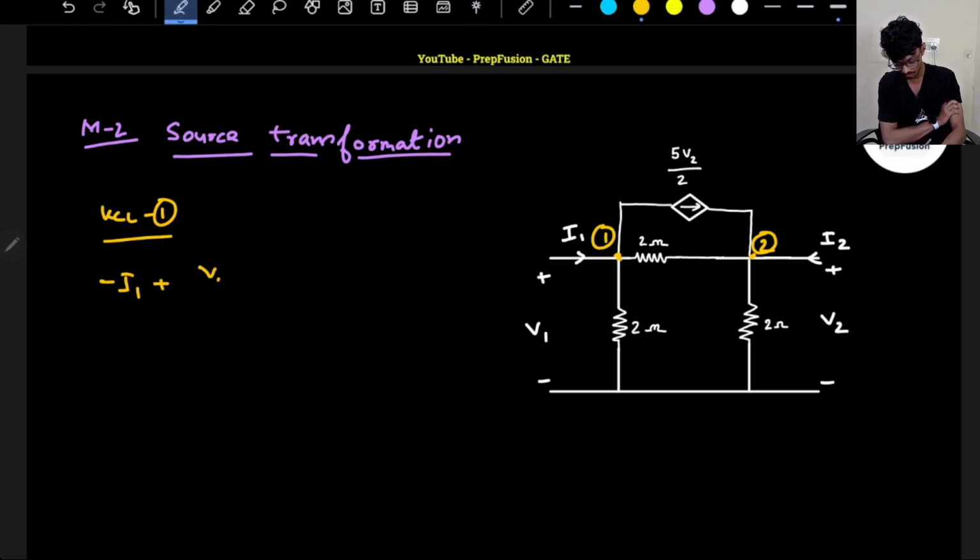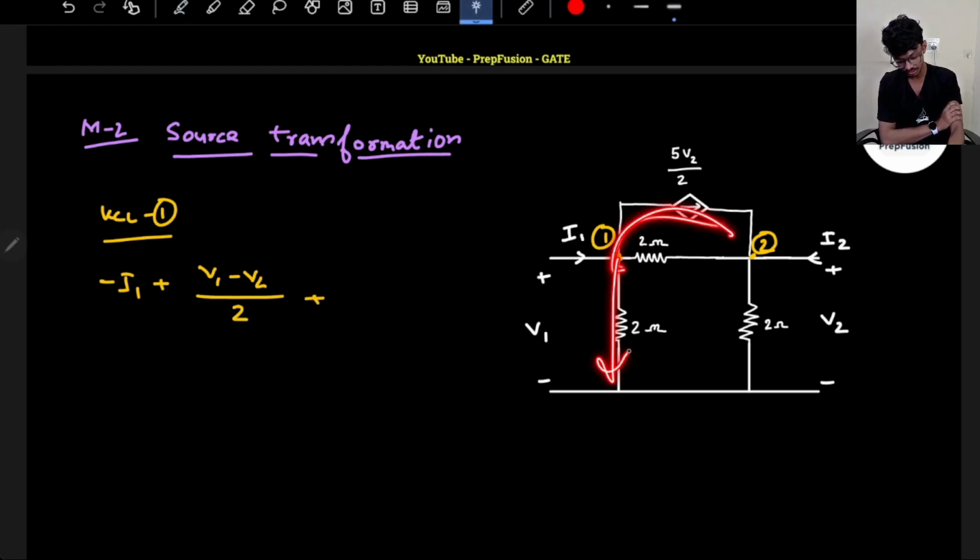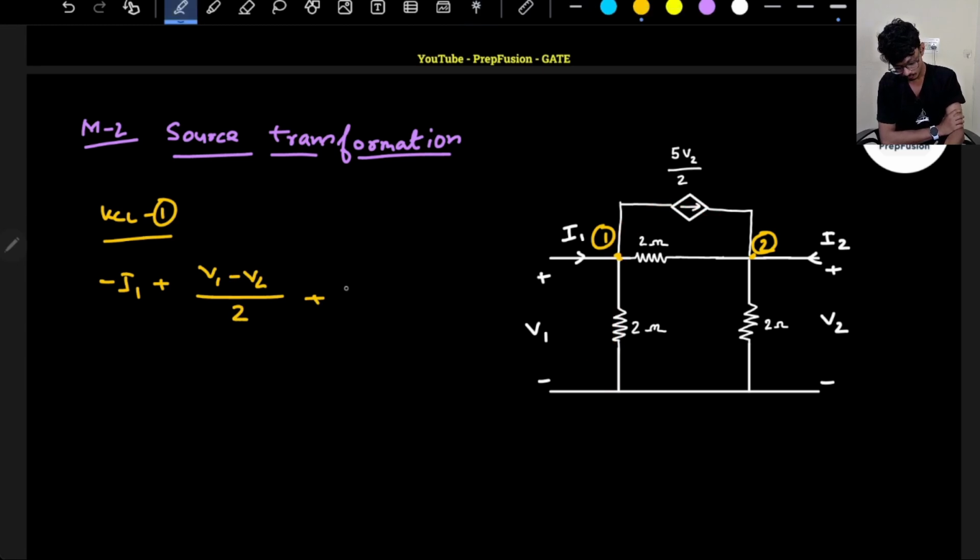So (V1 minus V2) divided by the resistance, plus this is also an outgoing current, V1 minus 0 divided by 2, plus this is also an outgoing current, so plus 5V2 divided by 2, equal to 0.